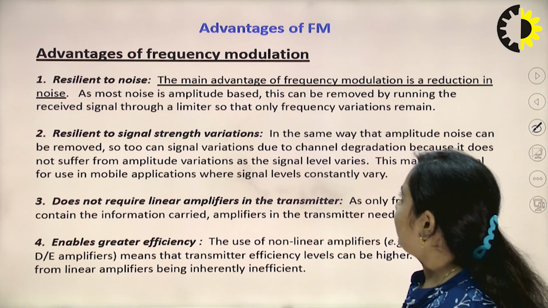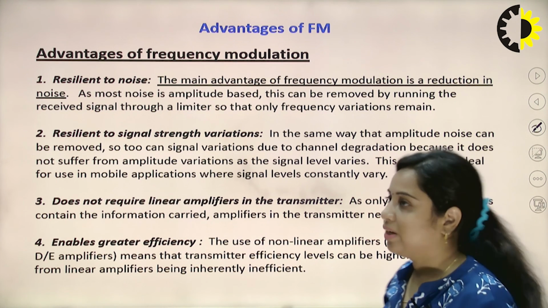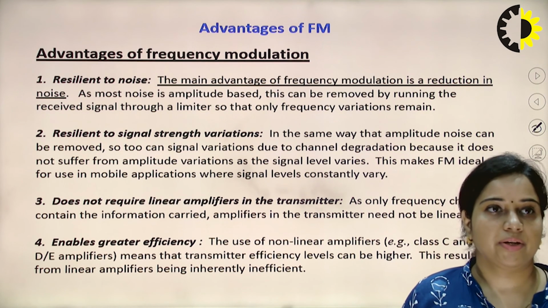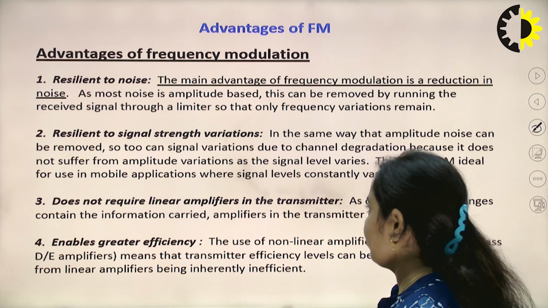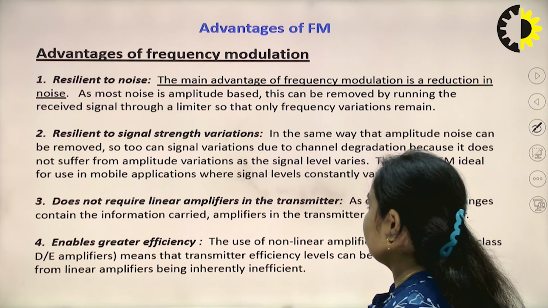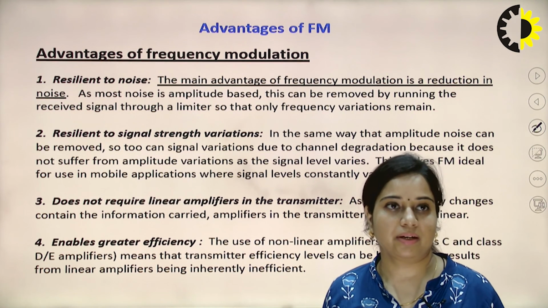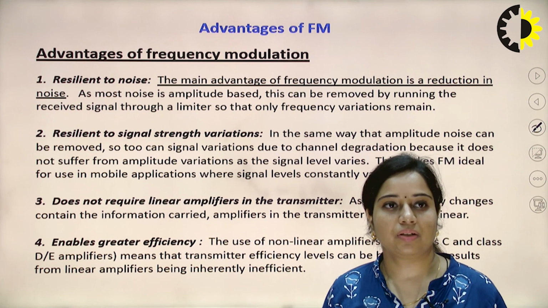Now come the advantages and disadvantages of FM. First we will discuss the advantages. The first advantage is resilience to noise. The main advantage of FM is a reduction of noise, which is a greater advantage compared to AM, that is amplitude modulation. The second is resilience to signal strength variation.